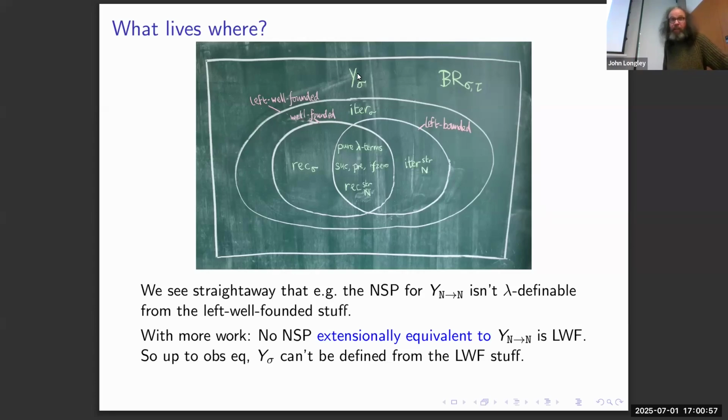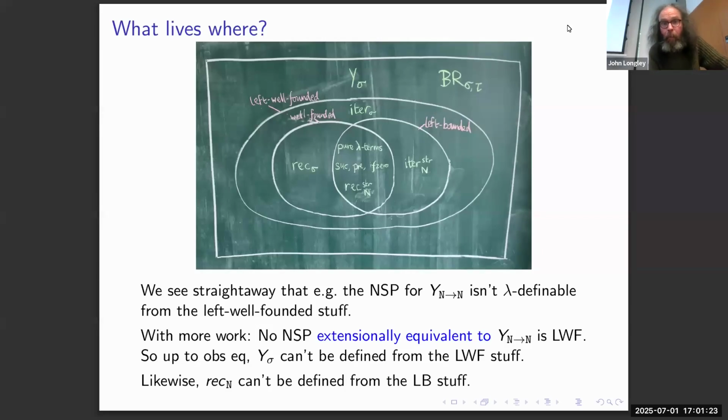So there's no NSP that gives the same observable behavior as Y sigma that could ever be left well-founded. You can do that by combinatorics and case analysis on the trees themselves. That tells you that up to observational equivalence, we can't define this Y sigma from all this stuff that lives within left well-founded.